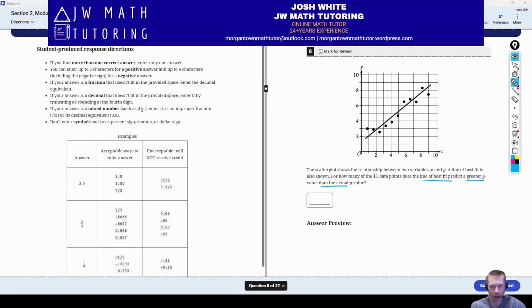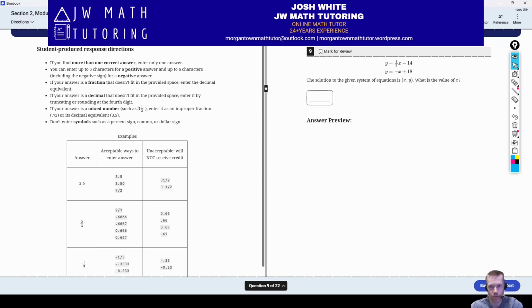That means how many points are there on the graph which are below the line? 1, 2, 3, 4, 5, 6. Because at each of these x values, the predicted value from the line of best fit is higher than it. See, be up here, be up here, be right here, right here, right here. So the correct answer to this problem is just 6.